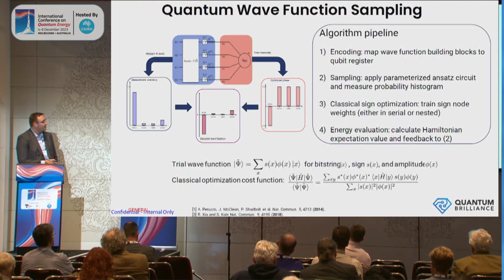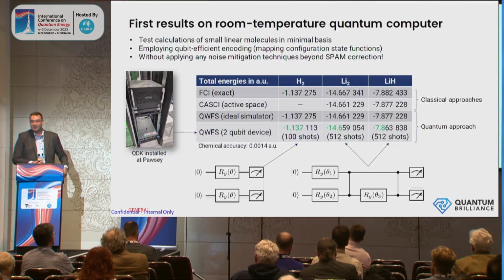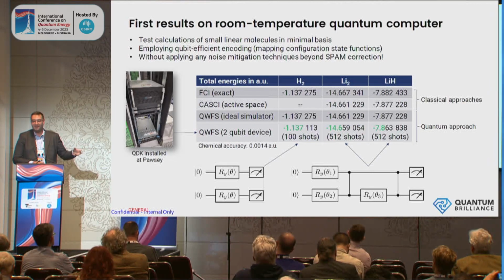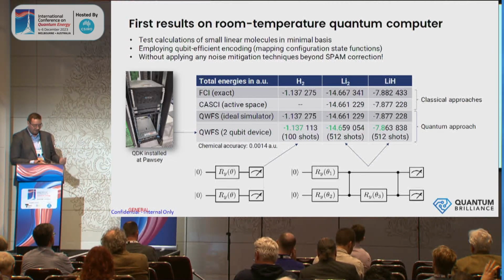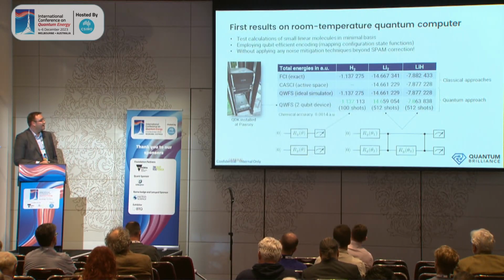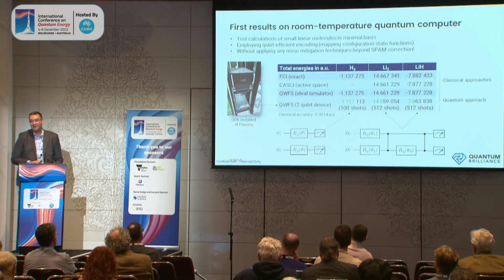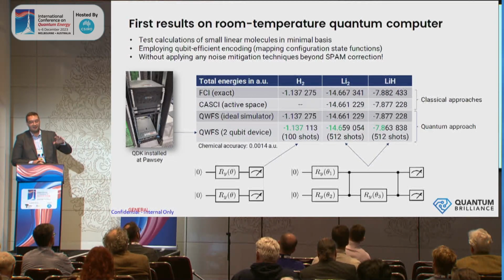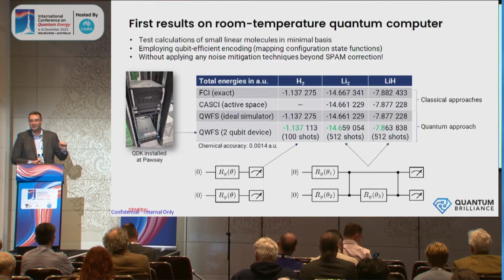So one extremely cool thing about wave function sampling is that it's completely agnostic about the kind of Hamiltonian and the mapping to the quantum device, right? So that allowed us to actually use one of our prototype devices, which has 2 qubits, to run reasonably large calculations, and that is by using a very qubit efficient encoding, by encoding not orbitals to qubits, but encoding configuration state functions, which are linear combinations of Slater determinants, to binary numbers on the qubit register.